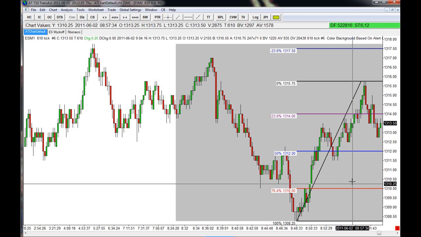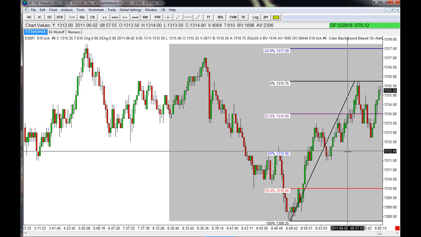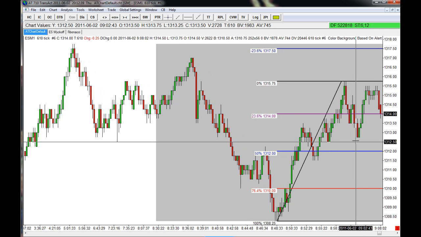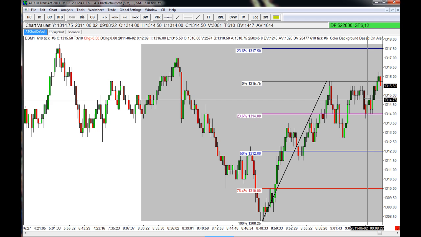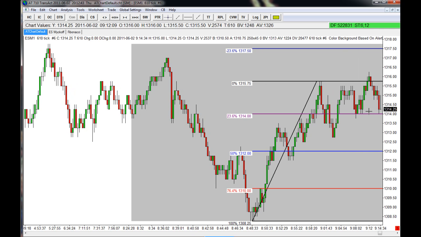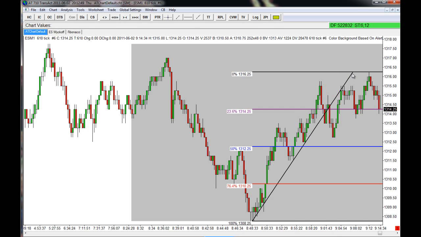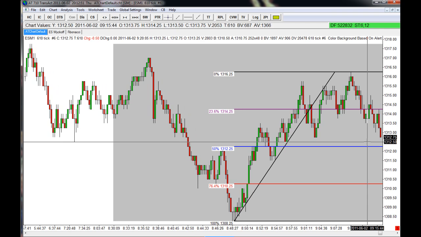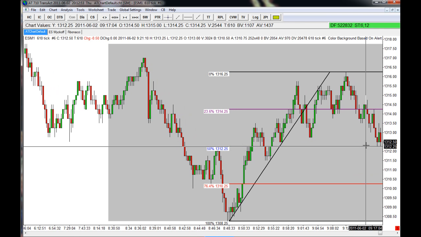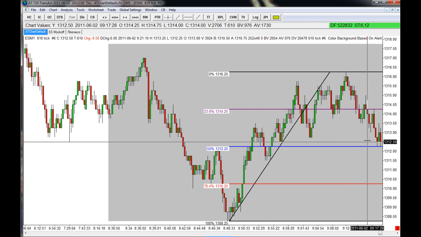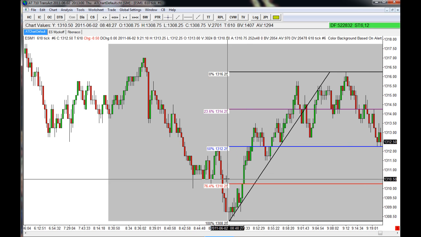So again, I would not be looking to trade this level. Price retraced, went through the 0% line, back to the 23.6. So I would move my line here. Okay, it retraced to where our entry would have been, except I was not trading because of the distance between these two.